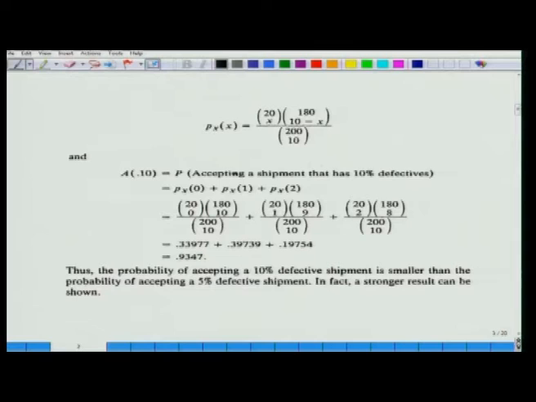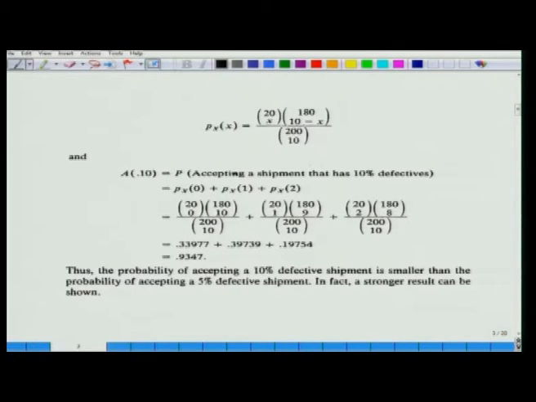So, this will be the probability of having x defective in your sample of size 10, which is taken without replacement. Therefore, in that case the probability of accepting the shipment that is 10% defective, again we want the number of defectives in the sample to be not more than 2. So, it can be 0, 1 and 2. These are the numbers, and here the probability is 0.9347.